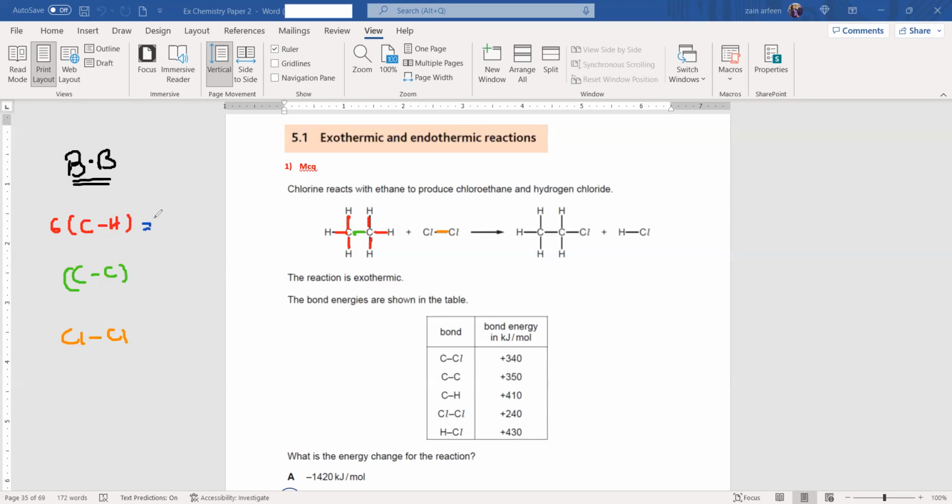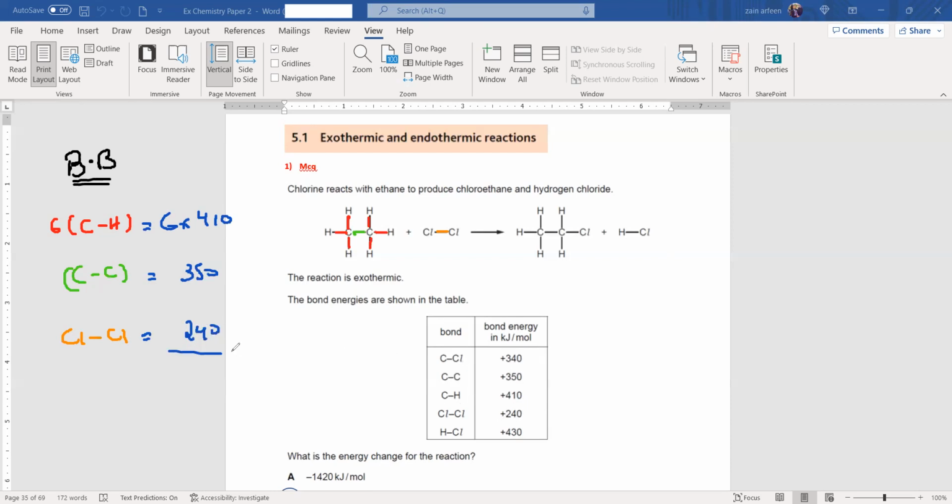So 6 multiplied by C-H. C-H is how much? 410. So 6 multiplied by 410. Carbon-carbon 350. And chlorine-chlorine 240.